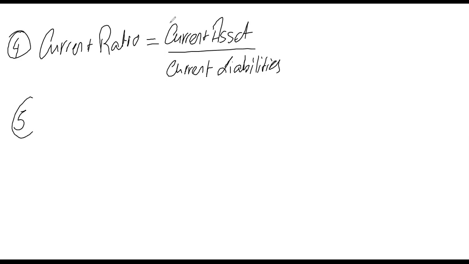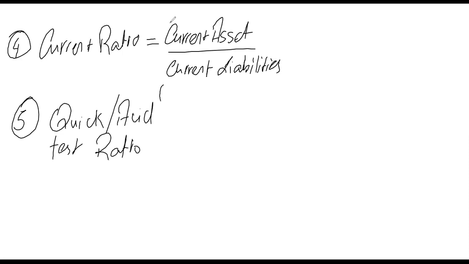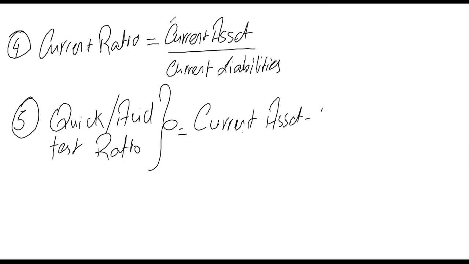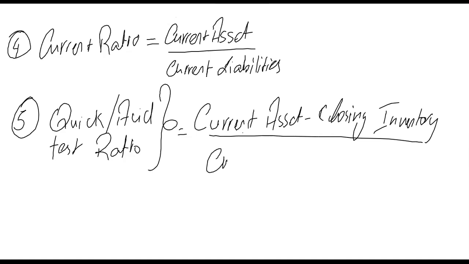Then we went for the fifth one, that is the quick or acid test ratio, which stated that we need to deduct the closing inventory from our current assets, as discussed in our last class: current assets minus closing inventory, whole divided by current liabilities.